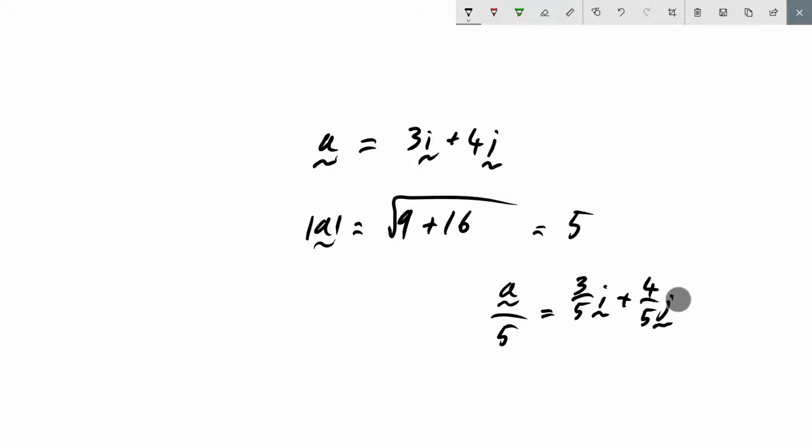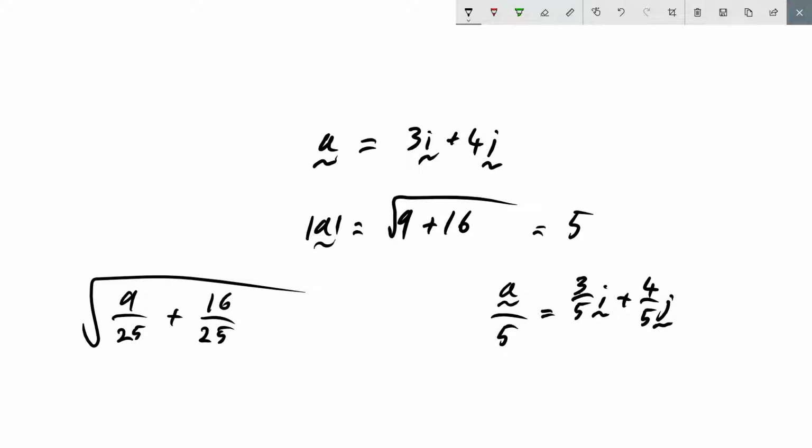Now if I go to calculate the magnitude of this vector, what's it going to be? 3 squared is 9 over 25 plus 4 squared, 16 over 25. Add them together, that's 25 over 25. The square root of 25 over 25 is just 1. So the magnitude is 1.